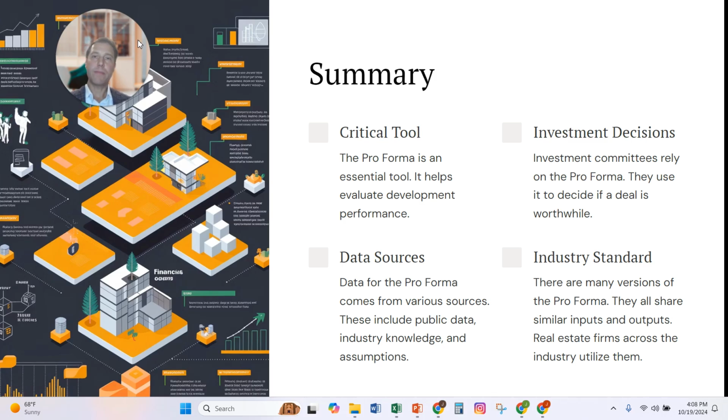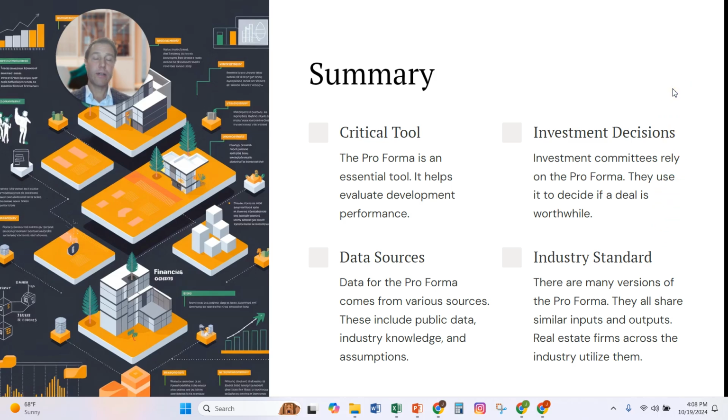We're going to see that the data in the Proforma really comes from various sources. We're going to go over how you can look at public records to see it, how you can look at market data that you can look up online, and how some of this data is actually coming from your internal experience or other professionals in the industry.